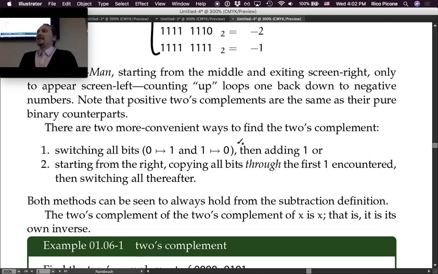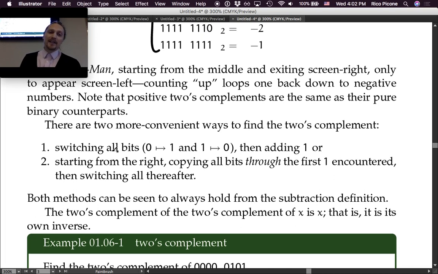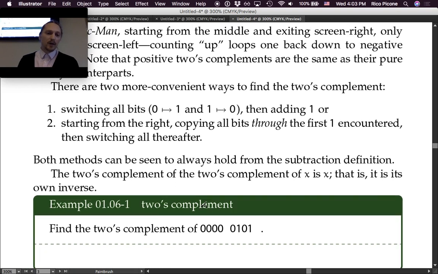So I think that's a pretty easy way to go. Another way to go is really basic: starting from the right, copying all the bits through the first 1 encountered, then switching all thereafter. So it's kind of nice. Both methods can be seen to always hold from the subtraction definition, so we can use that if we want.